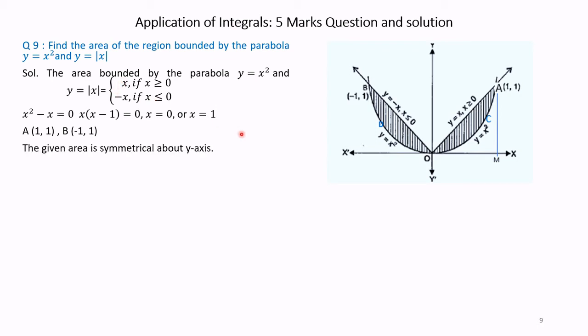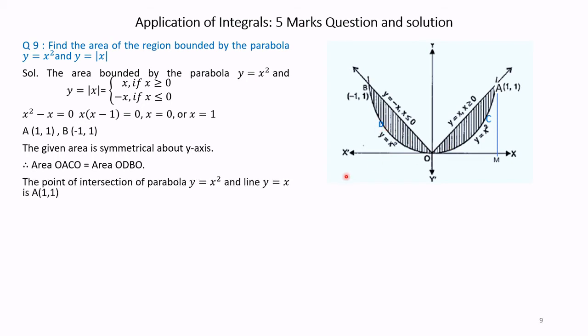So the given area is symmetrical about the y-axis. As seen from the graph, we see that the given area is symmetrical about the y-axis. Therefore, area OACO equals area OBDO. So the point of intersection of parabola y is equal to x square and line y is equal to x is 1, 1.